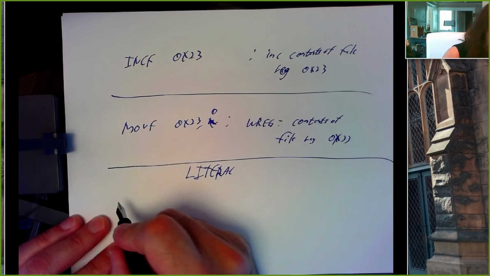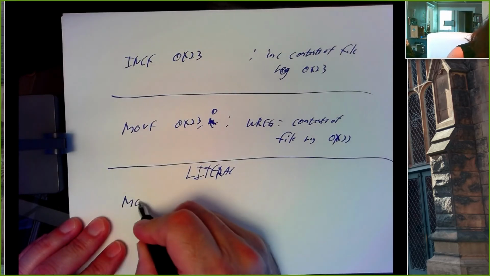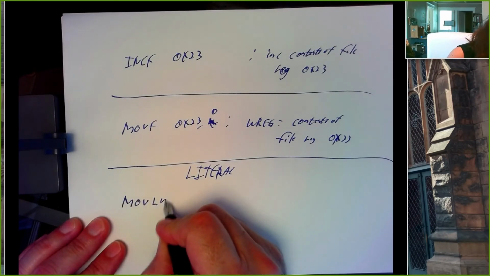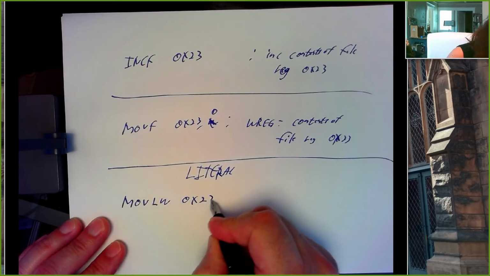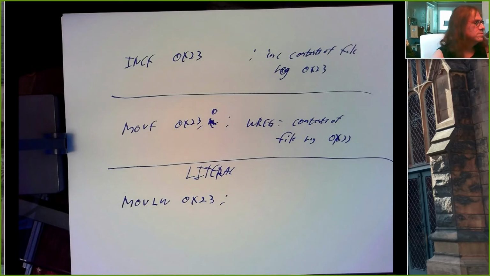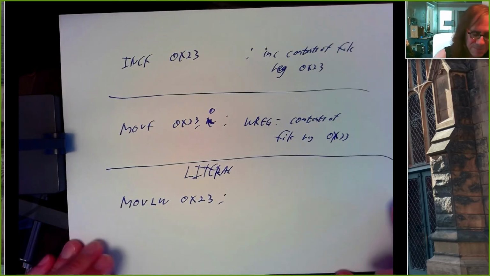So let's look at some of these. If you wanted to add, I don't know, a magic number to a location, that would be a literal. Exactly. It's a good way to think of them as like magic numbers.